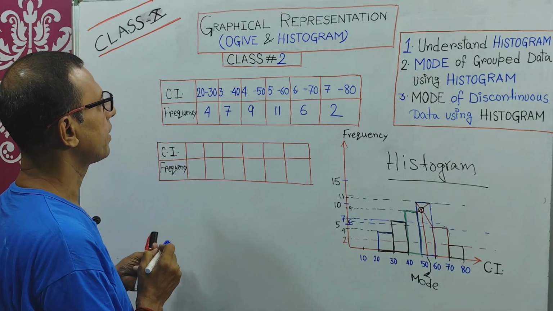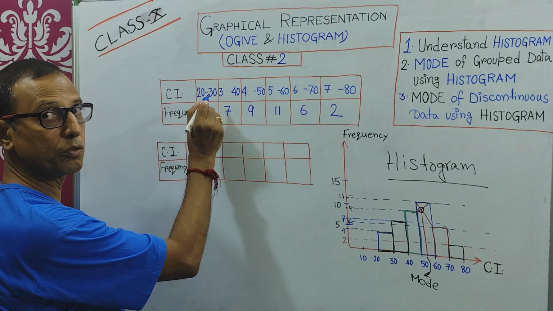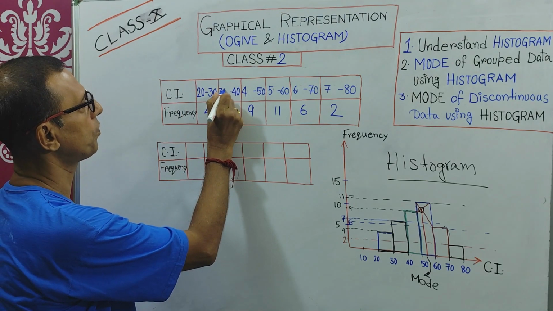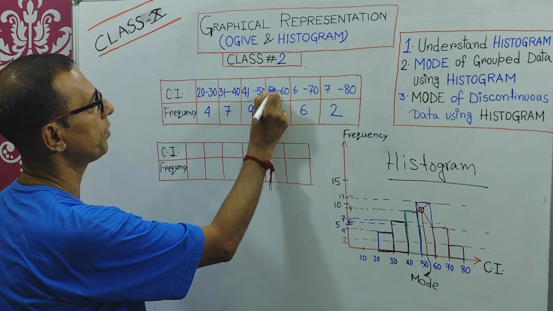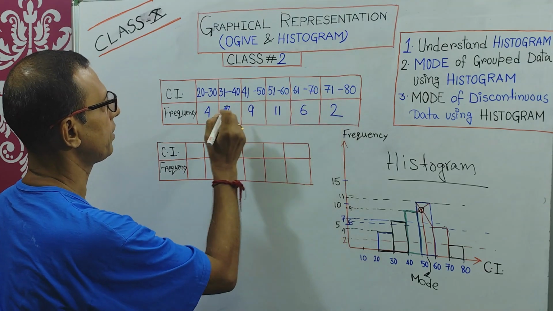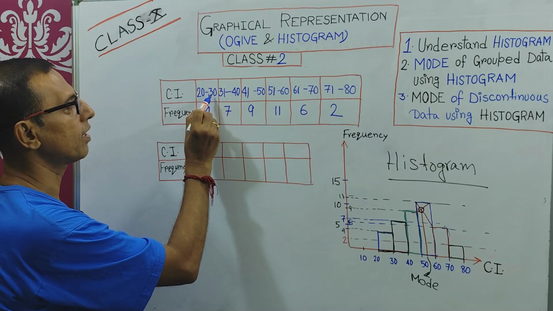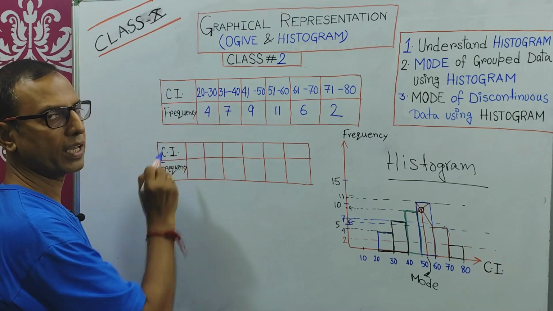The class intervals are 20 to 30, then not 30 to 40 but 31 to 40, then 41 to 50, then 51 to 60, then 61 to 70, and then 71 to 80. So the upper bound of the previous class and the lower bound of the next class interval are not the same.